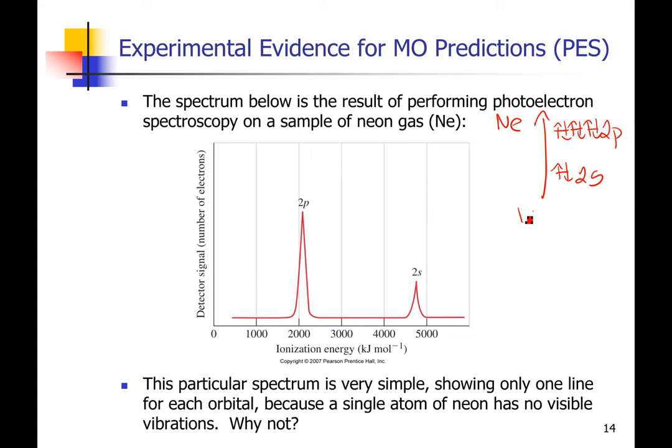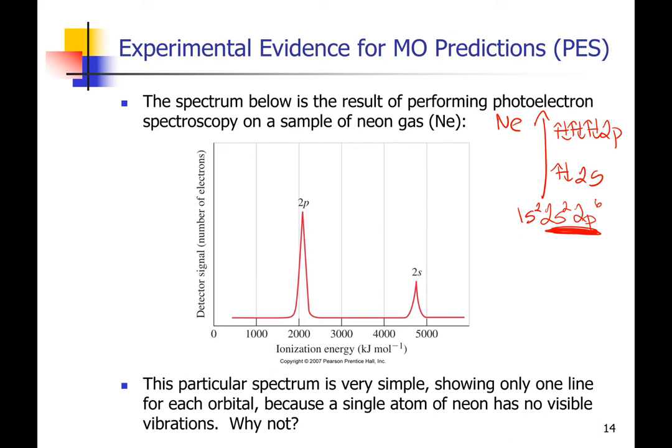I'm leaving out 1s2, because it's core, and therefore too low in energy to show up unless we used a really high energy form of light. It's very difficult to excite a core electron out of anything. So we're seeing our valence electrons usually, because they're the ones that you can actually excite out with usable wavelengths of energy. And we are able to excite 2s electrons out of this atom.